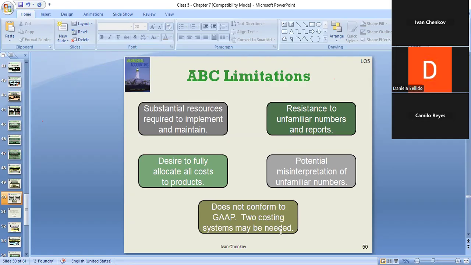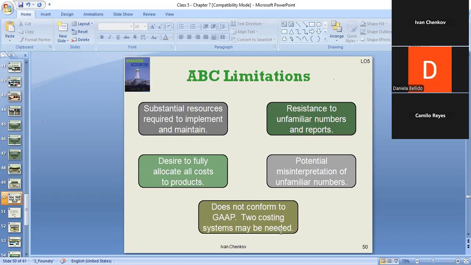The other thing is, once people start seeing the new information in the reports, since they see something unfamiliar, they may become resistant. To some extent, there might be misinterpretation of the numbers, which is very common, because people usually look in the direction they're not supposed to look, for different reasons.